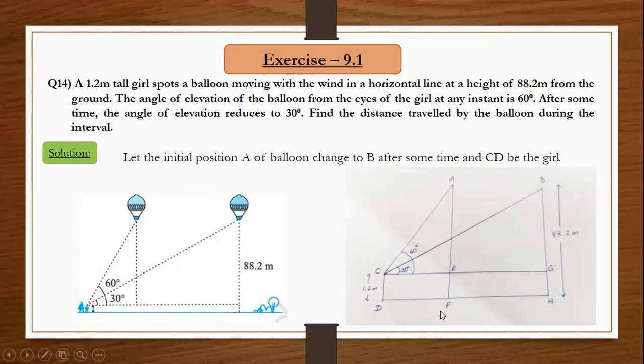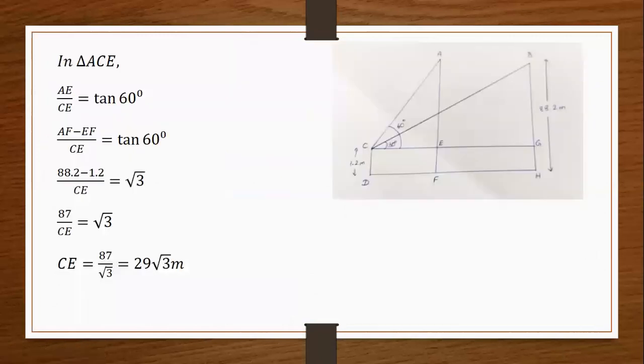First interval, it was at the point A, with foot F. Second interval, it was at the point B, with foot H. So we have to find the distance FH, which will be the same as EG. So let us see the solution. In triangle ACE, AE by CE is tan 60 degrees.